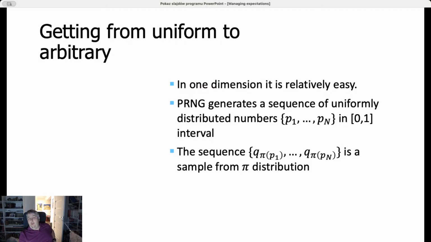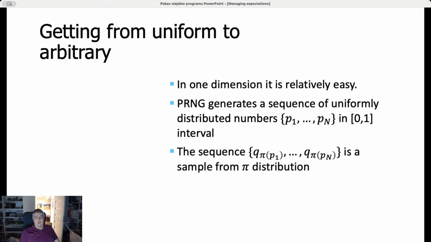Because if we get uniformly distributed numbers between 0 and 1, then a sequence of values of the quantile function computed at each of those numbers will be a sample from our desired distribution for which the quantile function is defined. So, inverting the cumulative distribution function, we can easily compute any random number that comes from our distribution. So we can sample from our distribution.